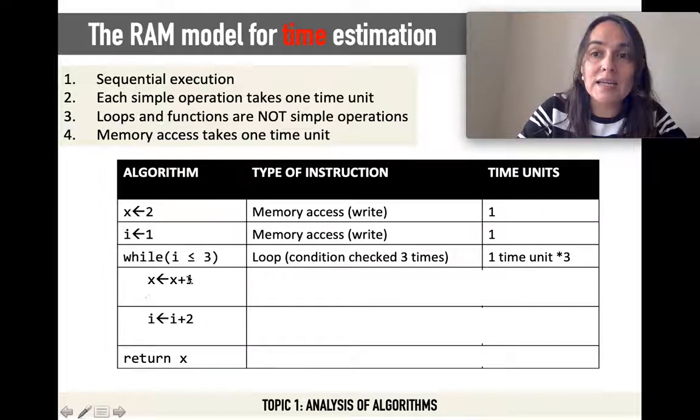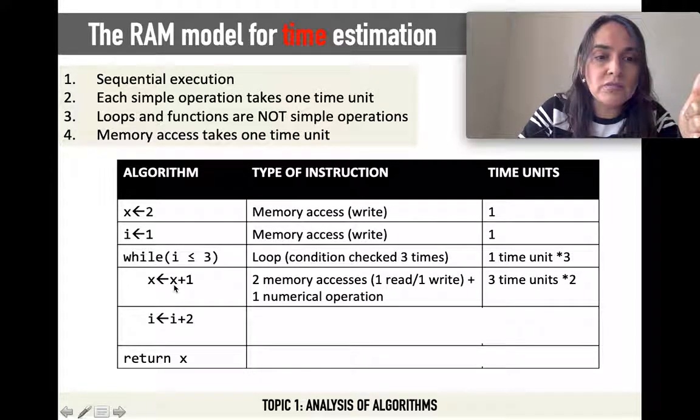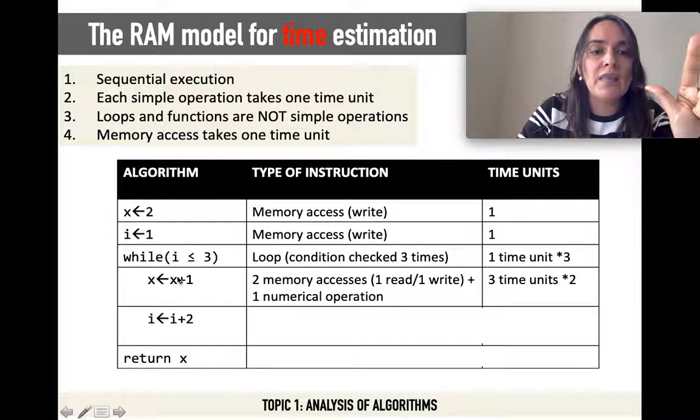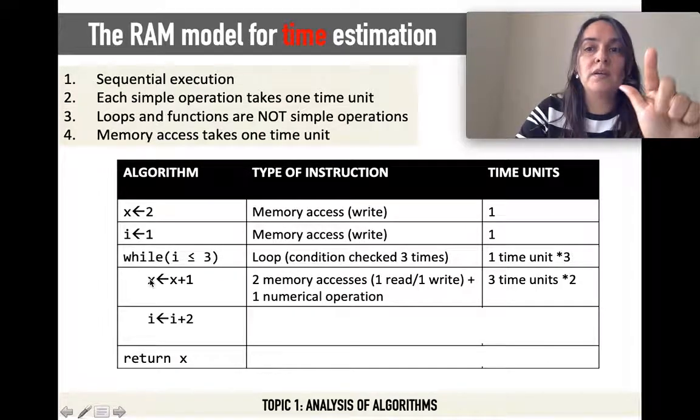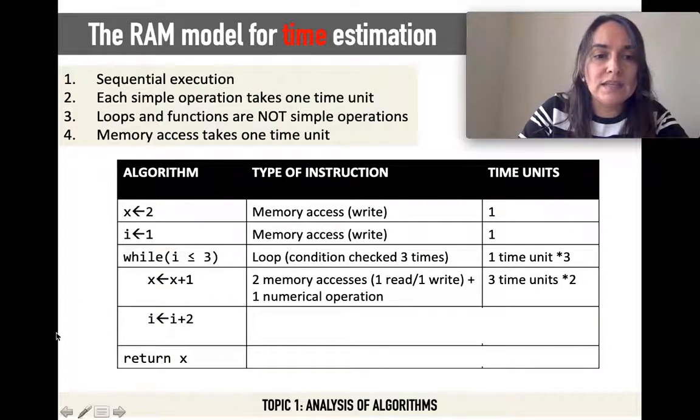Let's go inside the loop. Inside the loop, we have 2 instructions. This instruction takes first one numerical operation, that's one time unit. And then we have one write to memory, one time unit, so we are at 2 now. After we have done the numerical operation, we have to write in memory. So we have 3 time units to perform this instruction.